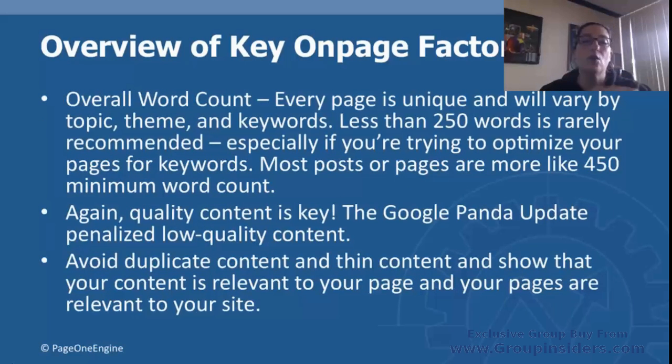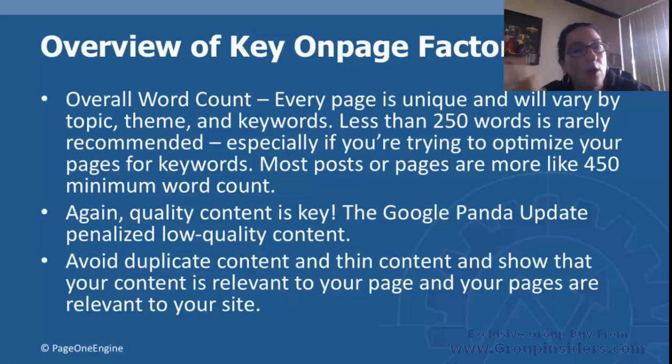So the overall word count, like I had said before, will vary on topic, theme, and keywords. Less than 250 words is rarely recommended, especially if you're trying to optimize your pages for keywords. Most posts are more like 450 minimum, and like I said before, 1,000 words right now is something that I'm seeing really do well.